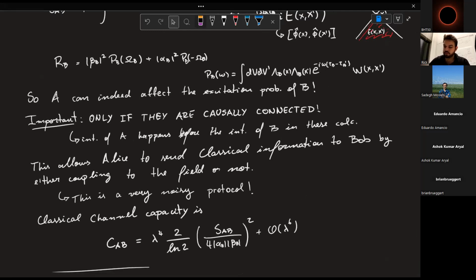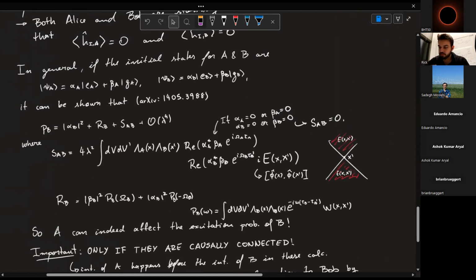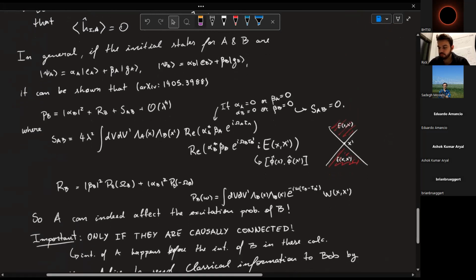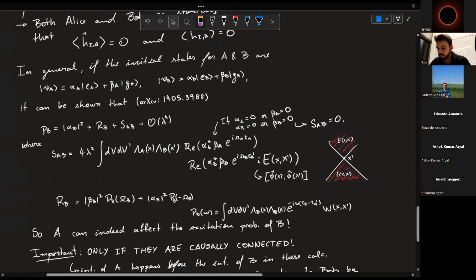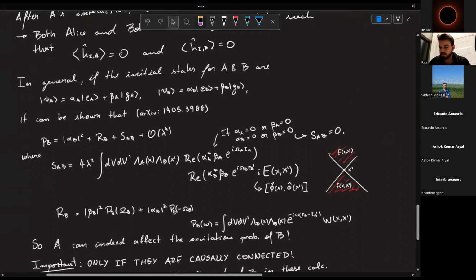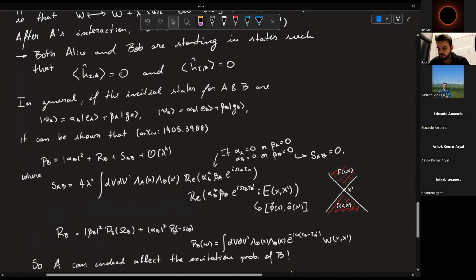For example, I want to know whether we are talking about the connection that we can say in a local field, or what the meaning of causality is, or you said important notation. You said that only if they are causally connected. Can you please say more about that? Because I am a little confused about that.